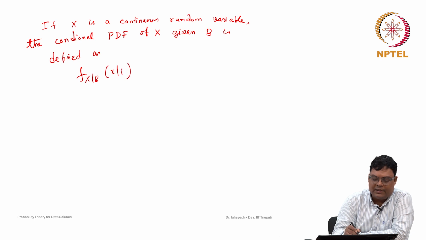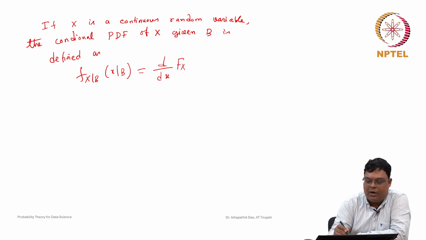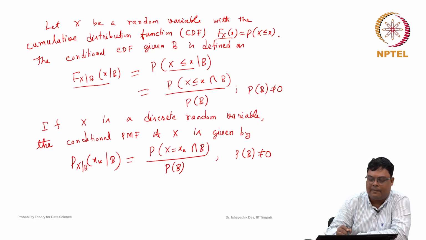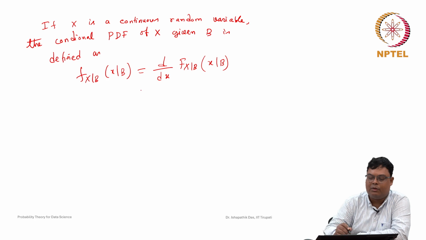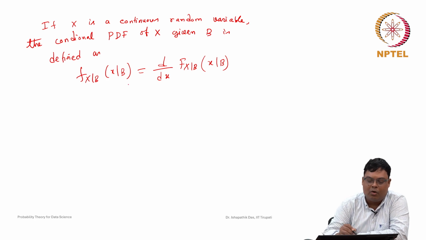Because it is a conditional probability density function, it is nothing but the derivative of the conditional cumulative distribution function. It is assumed that it is differentiable for a continuous random variable, and this derivative defines the conditional probability density function. So you first find the conditional C.D.F, then take the derivative, and then you can find the conditional probability density function of the random variable for any x belonging to the real numbers.